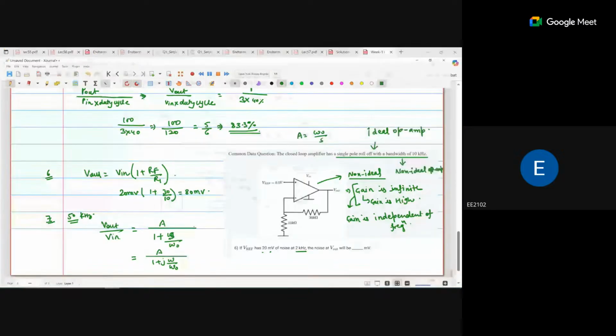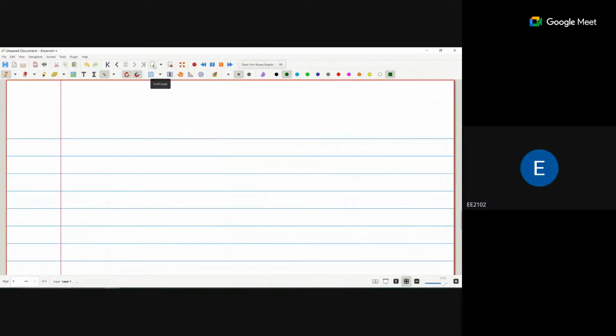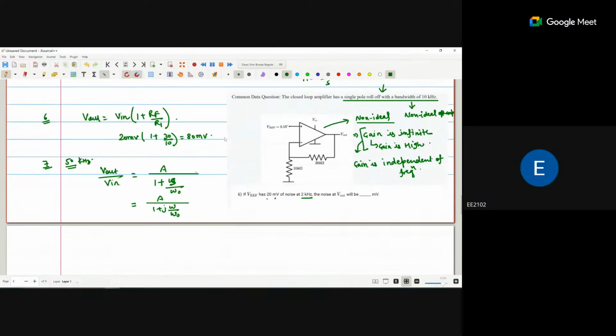What is A? A is the op-amp gain, and the op-amp gain is 1 plus Rf by R1, because we are applying it as a non-inverting amplifier. So that is 4.